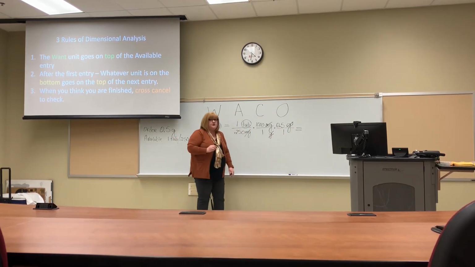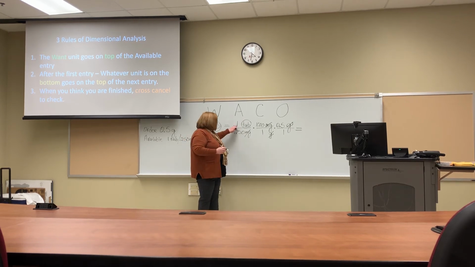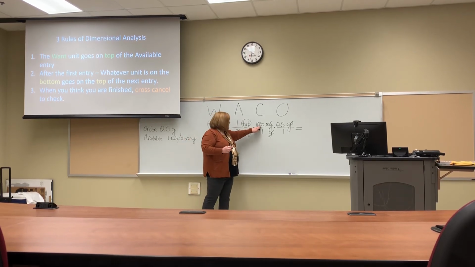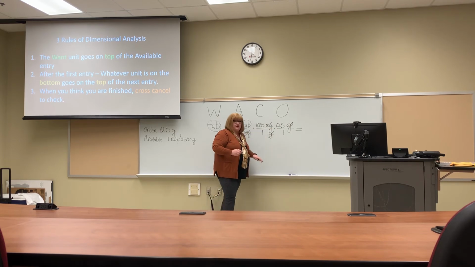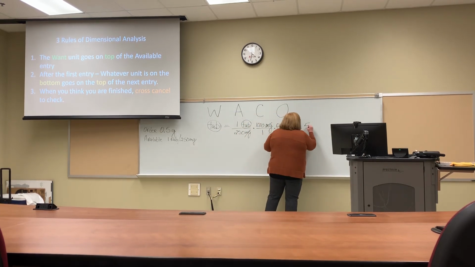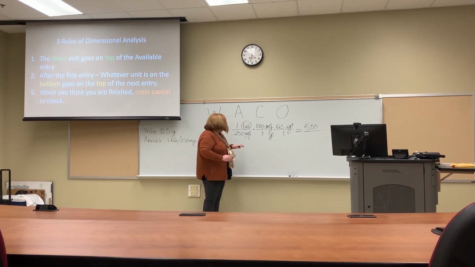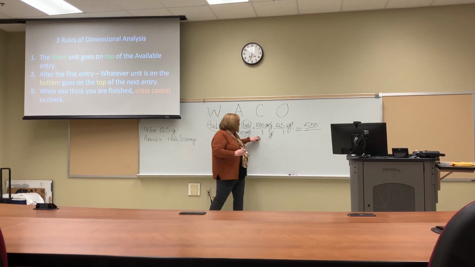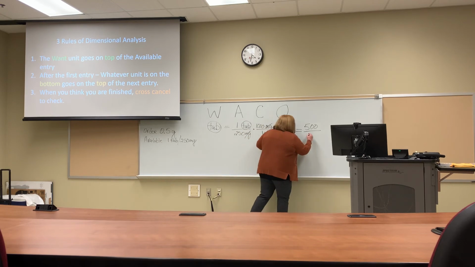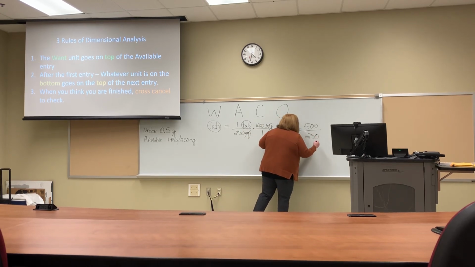Now all that's left to do is the math. We're going to multiply 1 times 1,000 times 0.5 and get 500. I'm going to do the same thing on the bottom. 250 times 1 times 1 is going to equal 250.